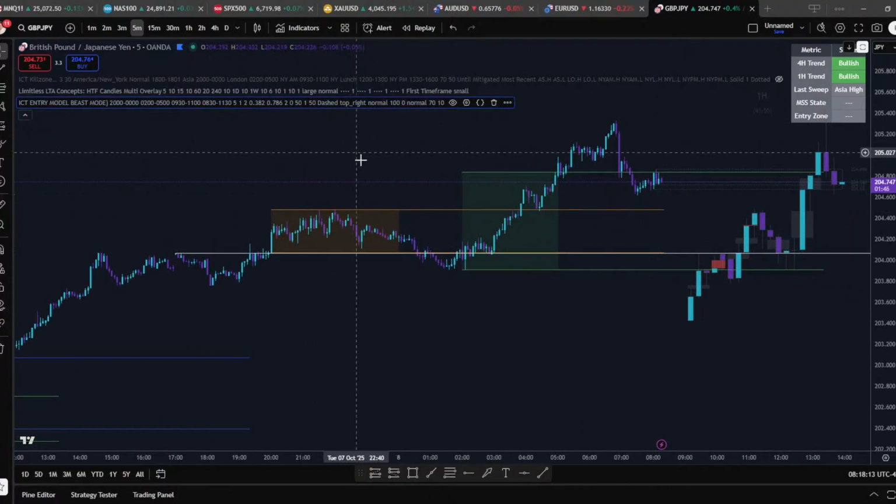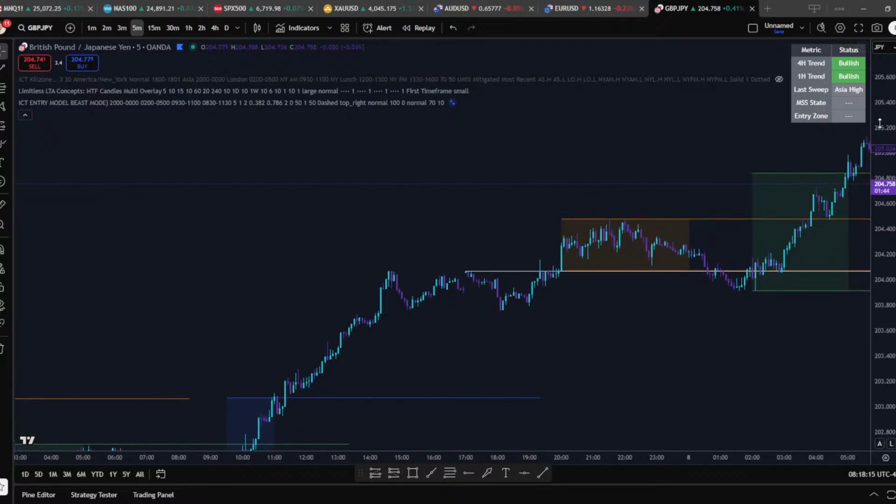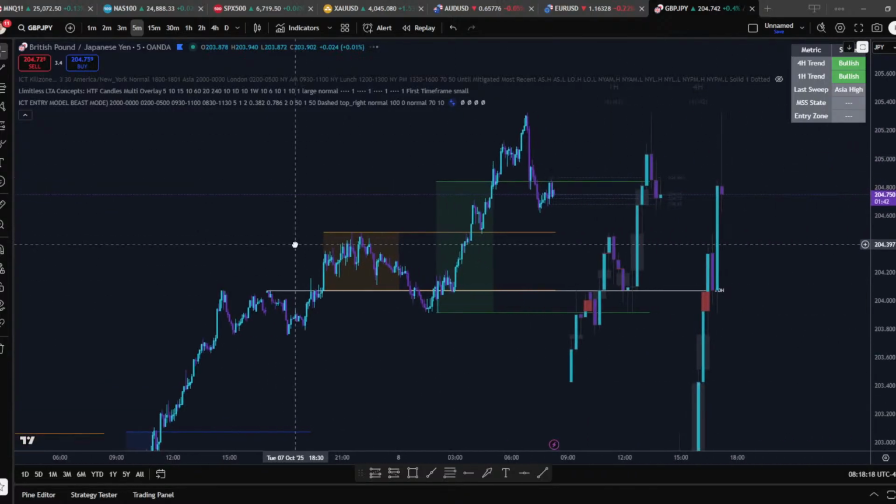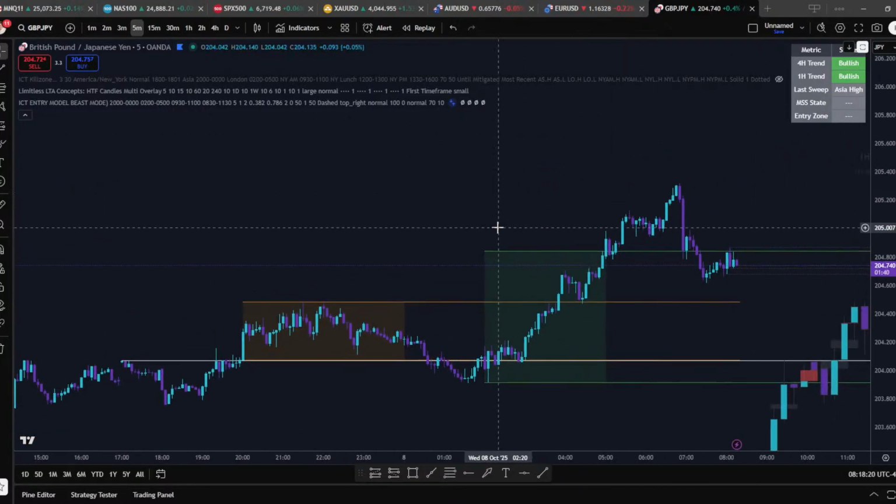It doesn't mean it has to be that way. Generally speaking, it's an extra confluence. It's like gold and the DXY, okay? If the DXY is going up, gold generally looks like it's going down, but sometimes that's not the case.